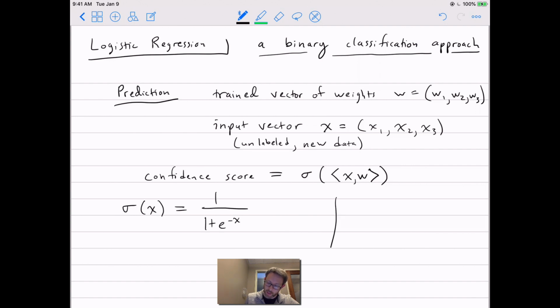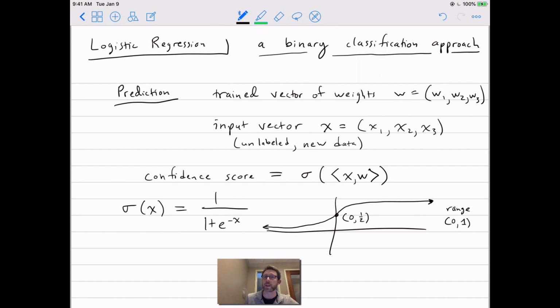And if we were to map this function out, it's a beautiful function. It's monotonic. That means it's always increasing or always decreasing. In this case, it's always increasing. It's always in the range 0 to 1, exclusive. It goes through the point 0, comma half.